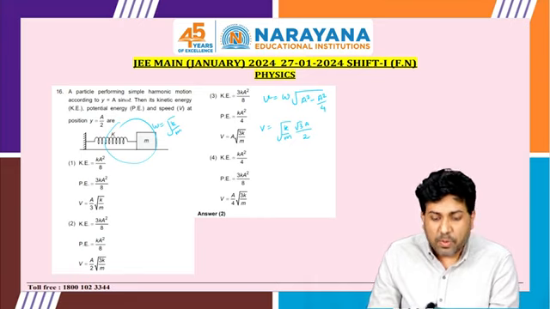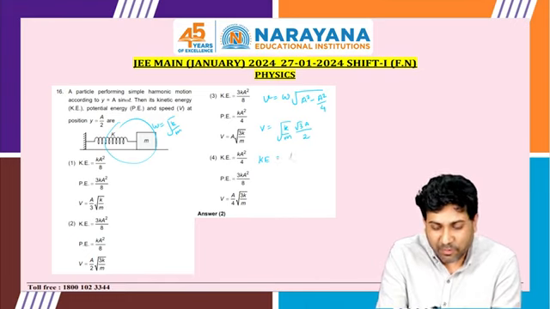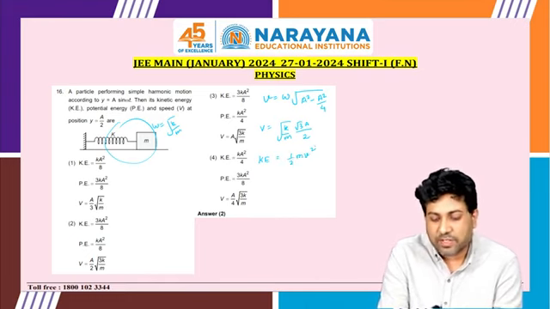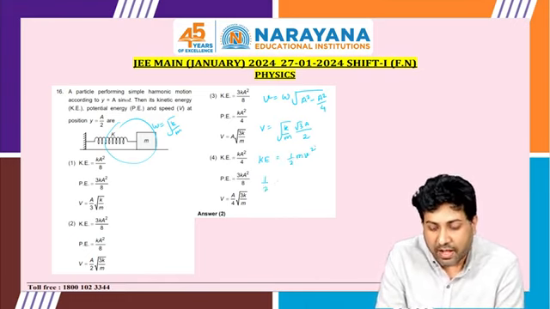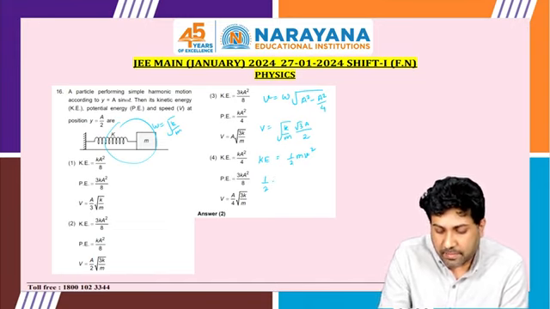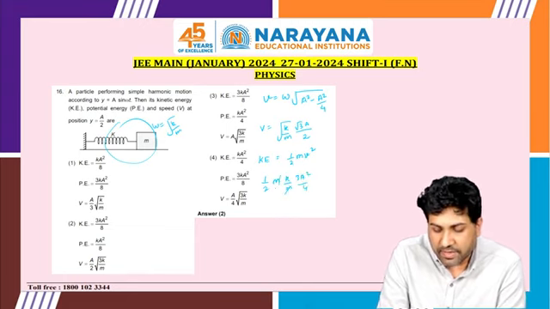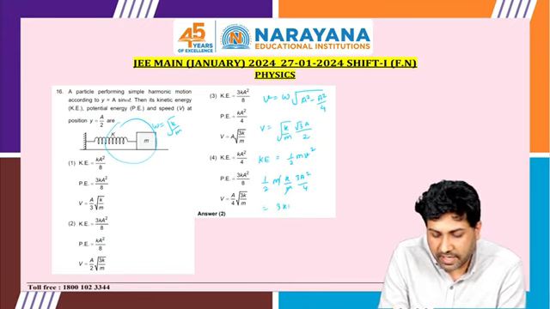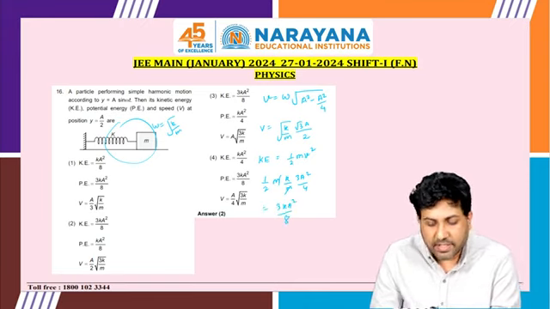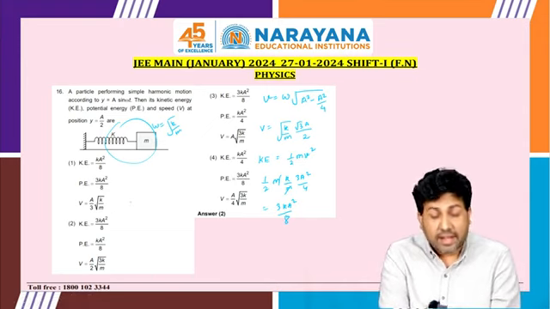Clear? Now what about the kinetic energy? Once I know the velocity, obviously I know the kinetic energy, half mv square. So that will be equal to half into m into v square. Just square the velocity, 3a square upon 4, m cancelled. I will get 3ka square upon 8. So this is the kinetic energy. What is the potential energy in SHM?